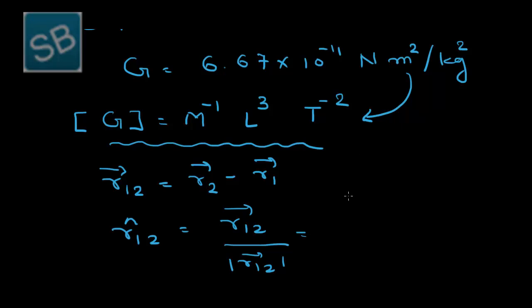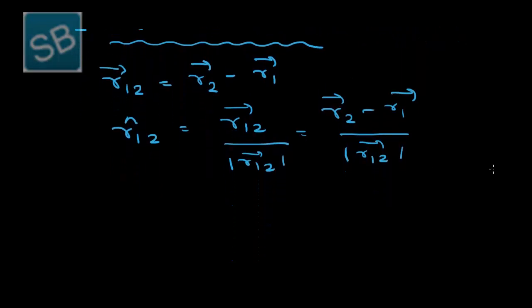So this is r2 minus r1 divided by mod r12, and this mod r12 I am giving as simple r. So these two are equal.